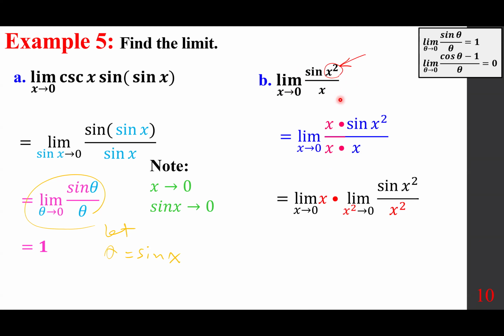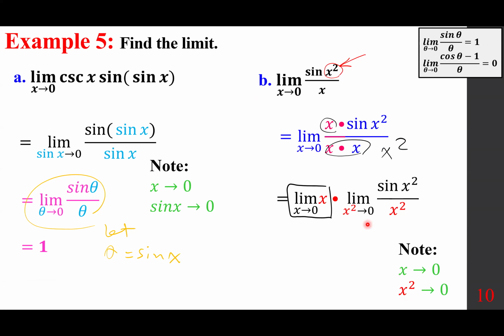And here's what I do. This part, I use this one for it. The rest of it, remember, this is x squared, right? And because x is approaching 0, so is x squared.